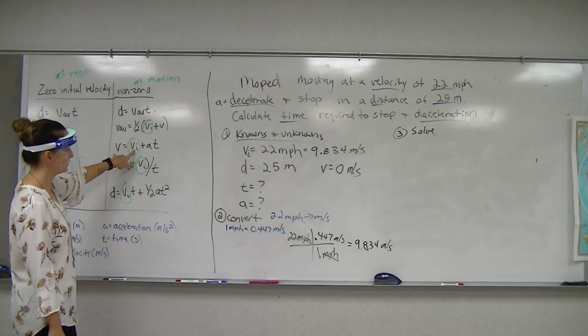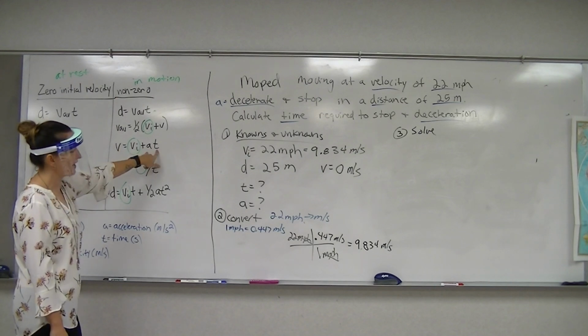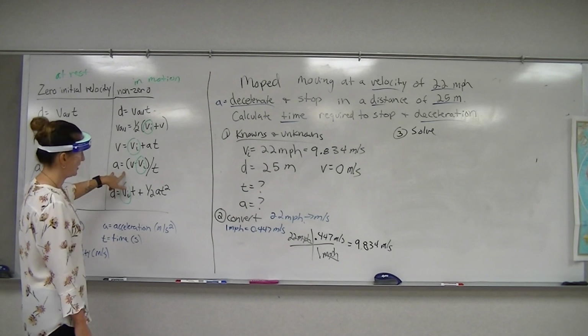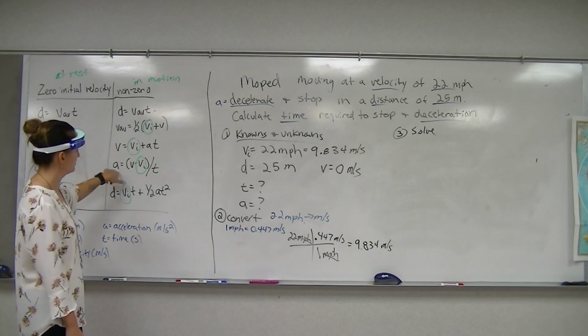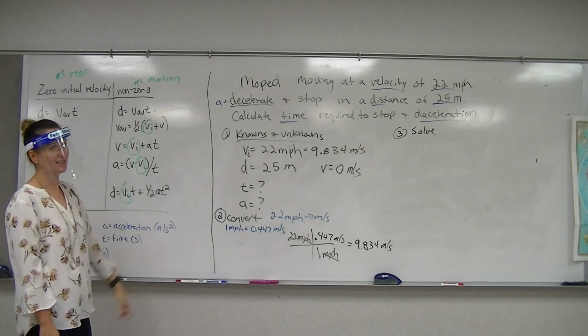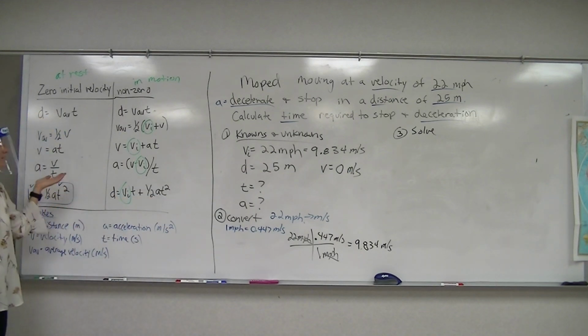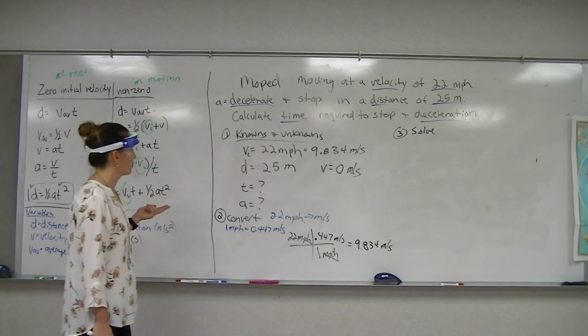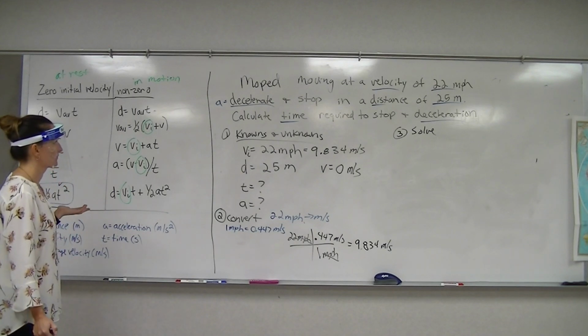We got those two, but we don't have a or t. Okay, how about this one? a, no. t, no. Down here, notice a and t again. So every single one of those equations, we have at least two unknowns. So how are we going to solve for this?